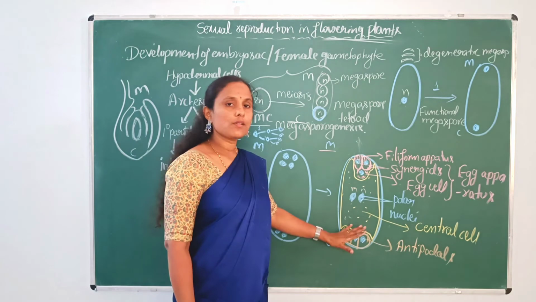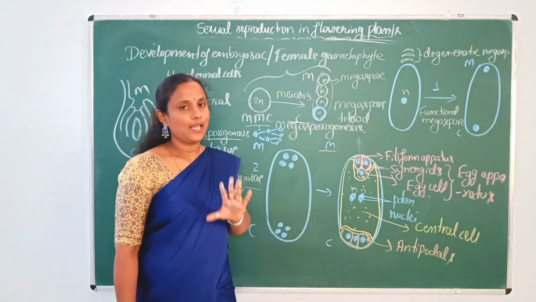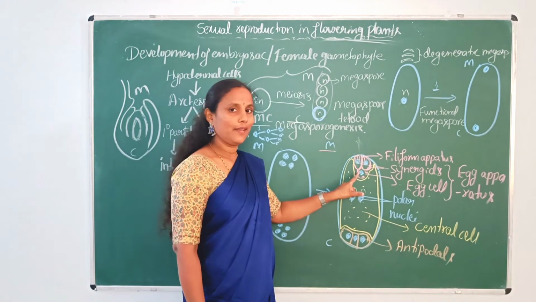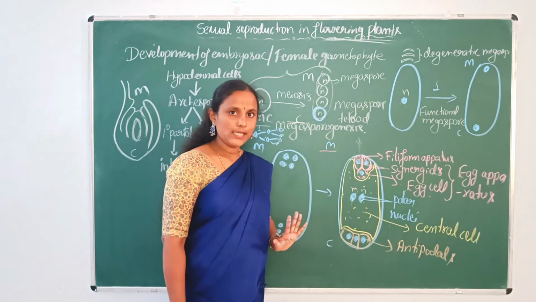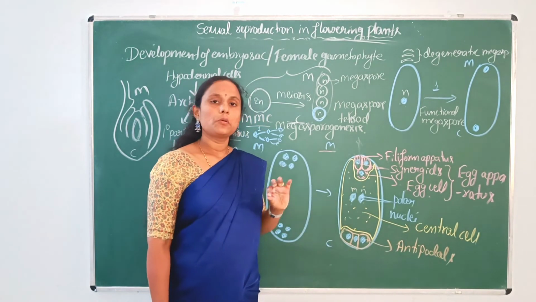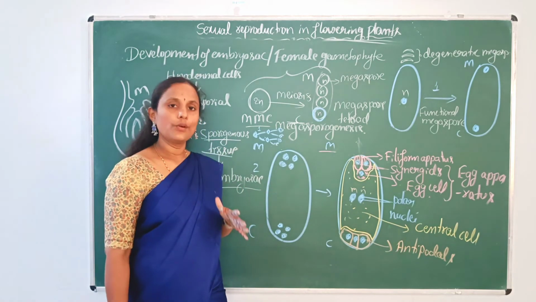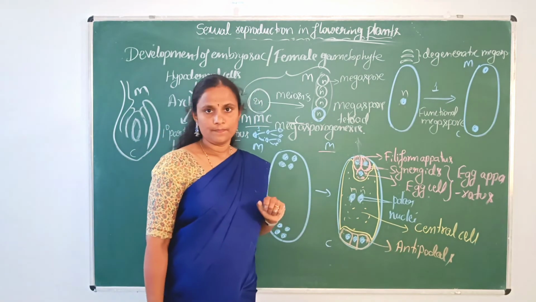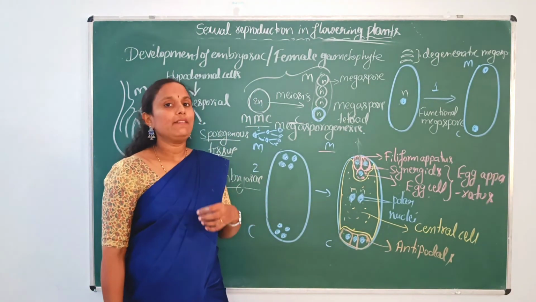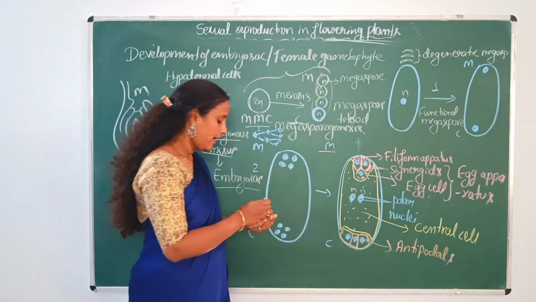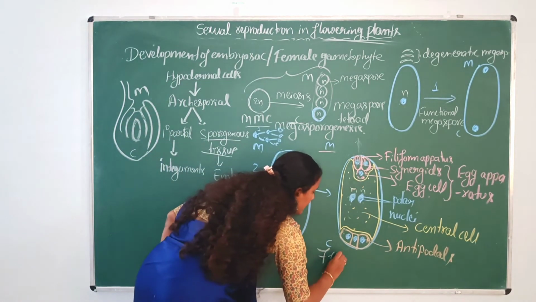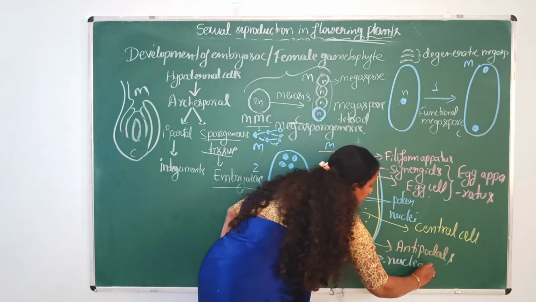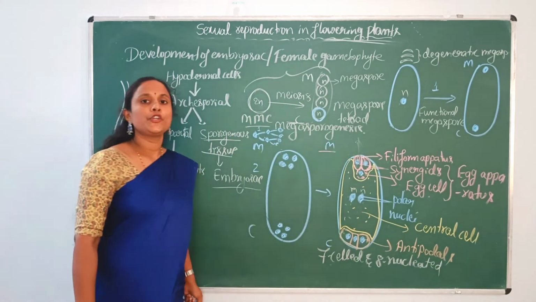When we look at the embryo sac, there are 7 cells present: 2 synergids, 1 egg cell, total 3, 3 antipodals, total 6, and 1 central cell, total 7. And when we count the nuclei, 1, 2, 3, 4, 5, 6, 7, 8. So now the completely developed embryo sac is 7 celled and 8 nucleated.